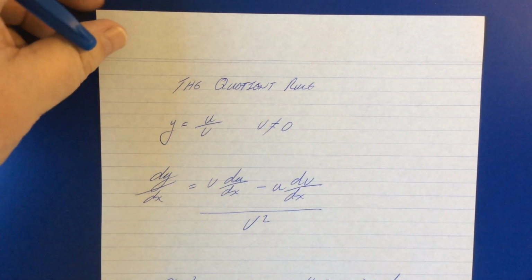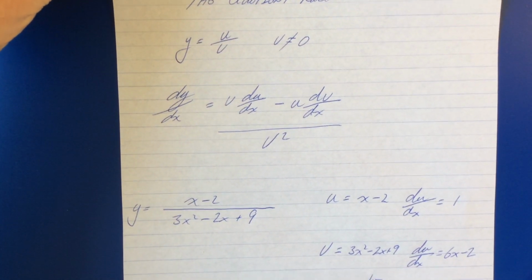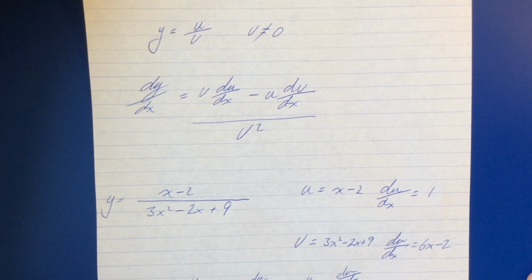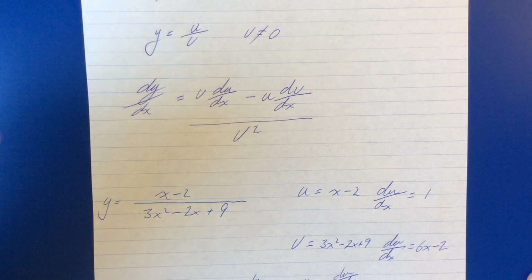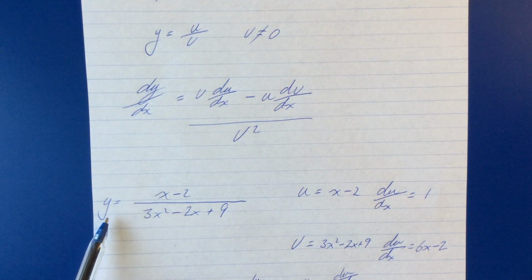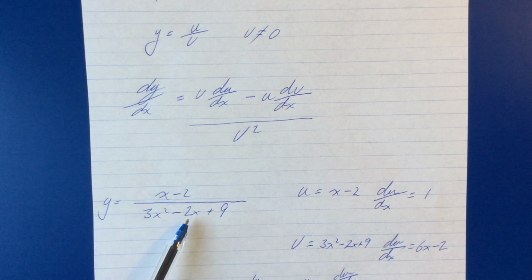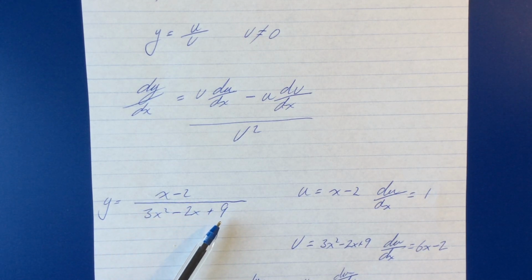And let's get to that. So let's have a look at the sort of thing that we might be dealing with. Let me get all of that in the frame for you. So here's our expression, and we want to find the derivative of this. x minus 2 all over 3x squared minus 2x plus 9.